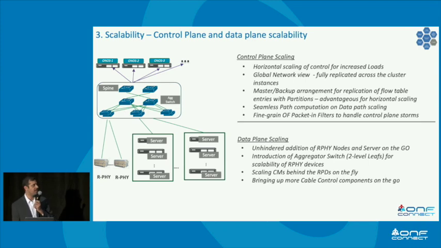How does it behave? So we have fine-tuned some of the memory settings there. There were some threading issues which we fixed with the help from Charles and the team. So a lot of such things have been handled on the control plane. And there are fine-grained OF filters and packet filters to handle control plane storms.